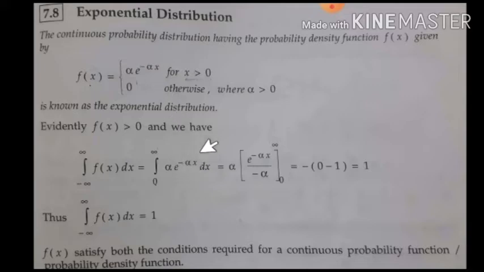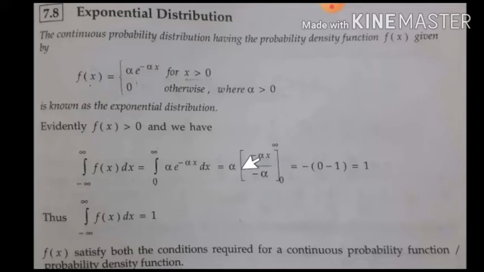So integrate e to the power of minus alpha x: it is e to the power of minus alpha x by minus alpha, using the integral of e to the power of ax formula, e to the power of ax by a. Apply the limit 0 to infinity. So alpha and alpha get cancelled. The minus sign we keep as it is.